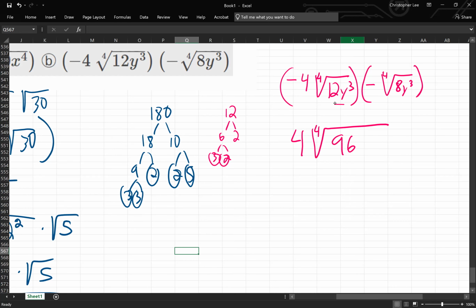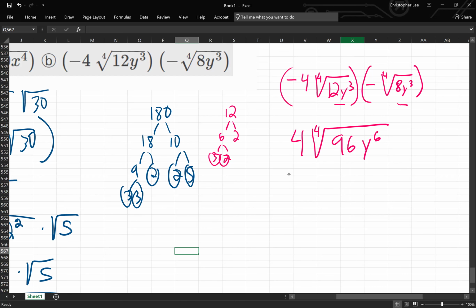When we multiply exponents, what do we do with the powers? We add the powers, right? So 3 plus 3, this is 6.